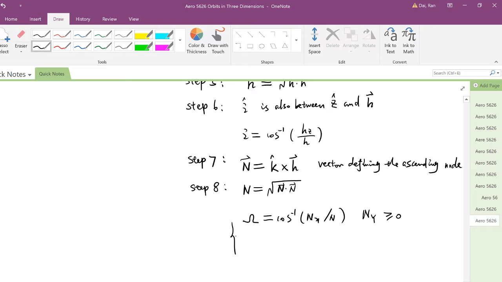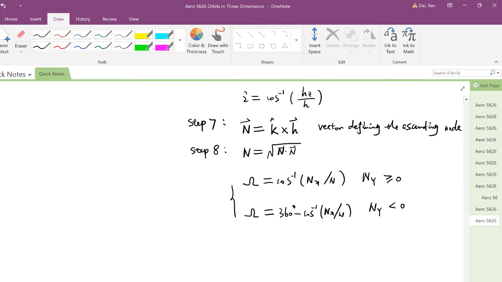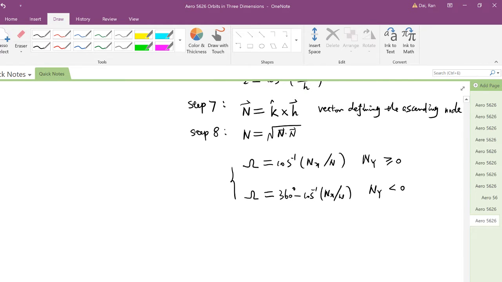And if it's negative, less than 0, then the omega value will be equivalent to 360 minus this. So here we should identify the range of their quadrant. This is step 9.